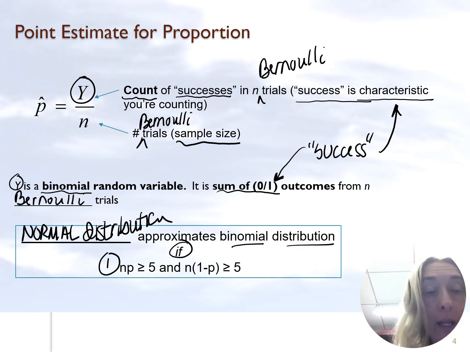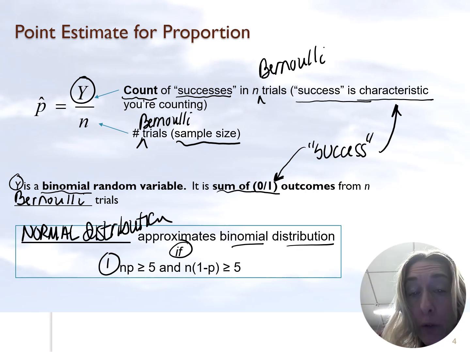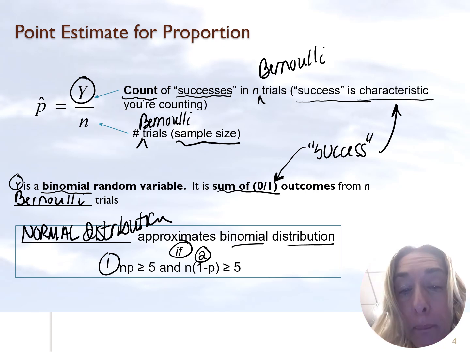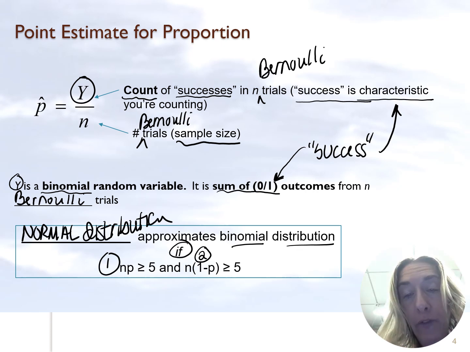The first is that your sample size or number of trials times the population proportion of success, n times p, must be greater than or equal to 5. The second condition is that number of trials times 1 minus p, n times (1 minus p), is also greater than or equal to 5. This is actually your population proportion of failure.